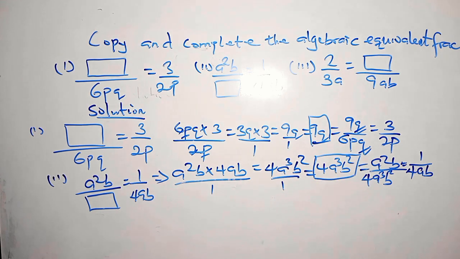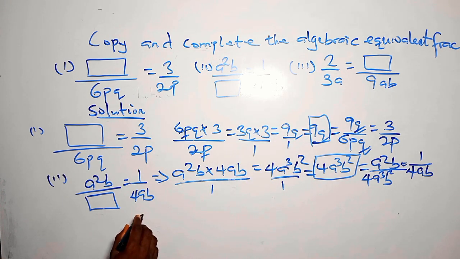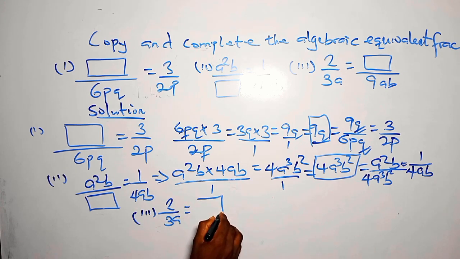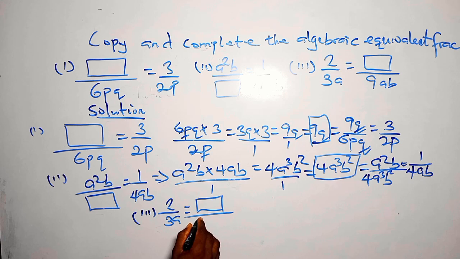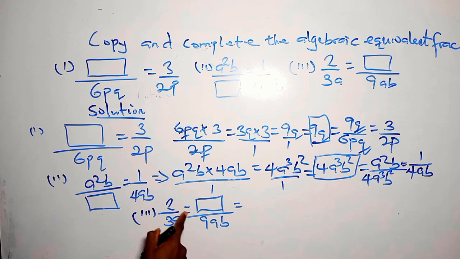For the third one, number 3, we have 2 divided by 3a equals the unknown divided by 9ab. To get this, we multiply this with this.